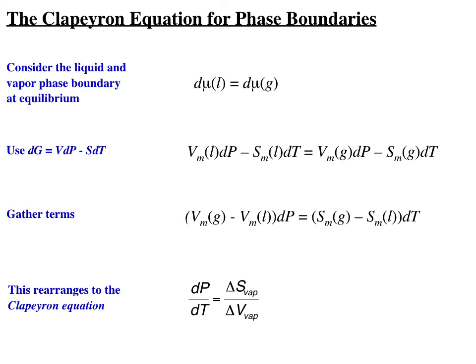Let's examine the consequence of a vapor and liquid phase in equilibrium, which means that the increment of change in the chemical potential of the liquid and vapor phase is the same.